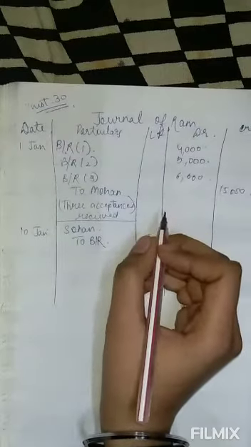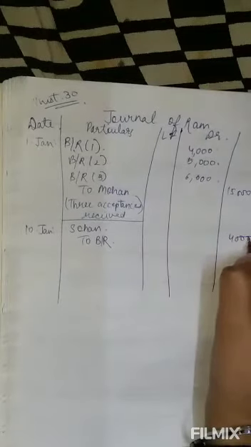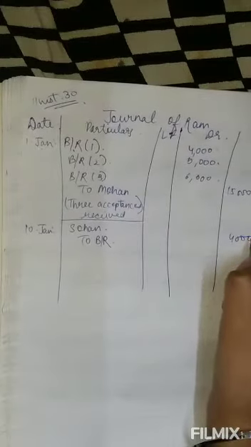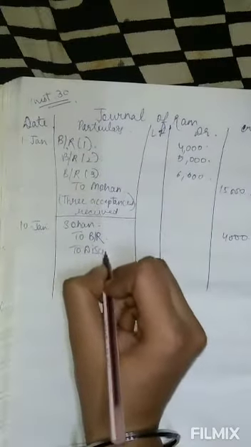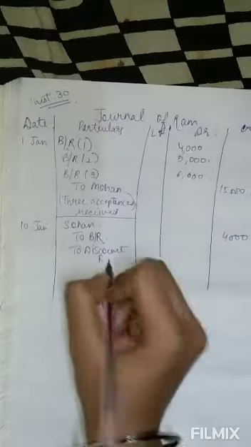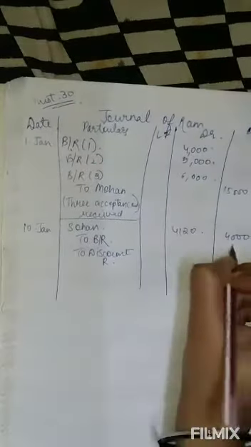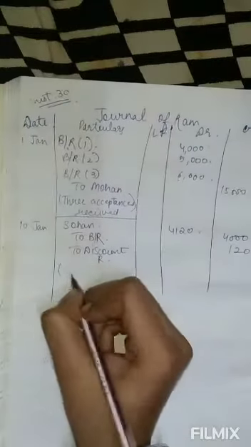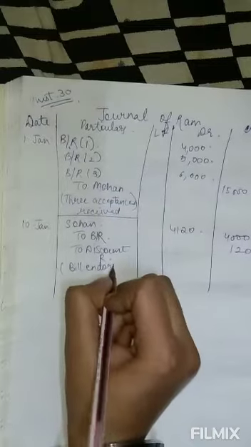The first bill is of 4,000 and endorsed to Sohan in full settlement of his account. Whenever there is full settlement, we have received discount of 4,120. 4,120 means 120 is the discount. So here we will write that bill endorsed.